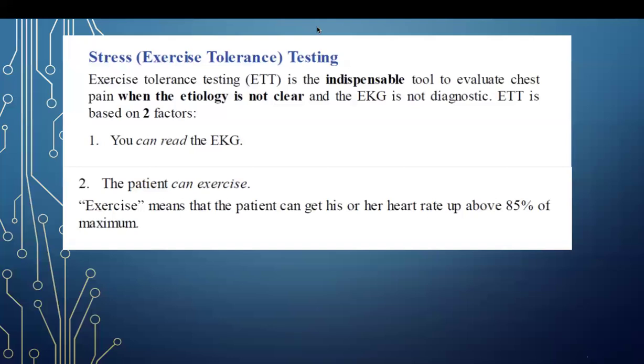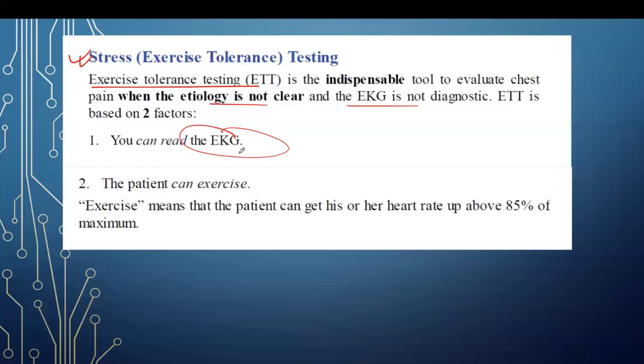You have heard about doing a stress test. A stress test is mainly for angina patients, right? The most common stress test is the exercise tolerance test, ETT. It is usually done when we are not completely sure whether it is angina or something else, or we have done the ECG and the ECG is not showing anything. So a stress test is done in a patient who has a chest pain and there is no baseline ECG abnormality.